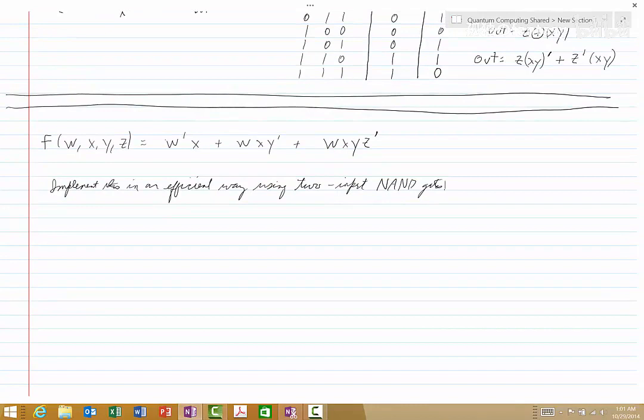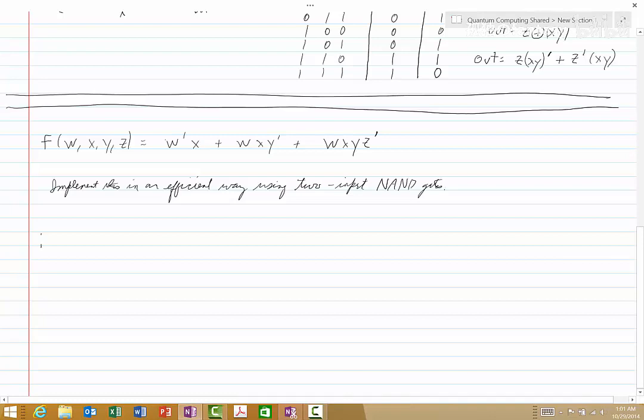We're not quite ready to use the Quine-McCluskey method on this, because we want all of the beginning terms to be min terms. In other words, we want all the beginning terms to have all of the independent variables. And so this one is missing y and z, this one is missing z. So how can we remedy this?